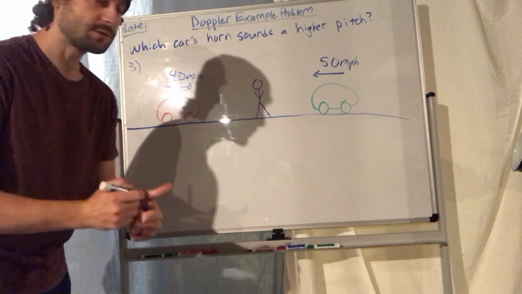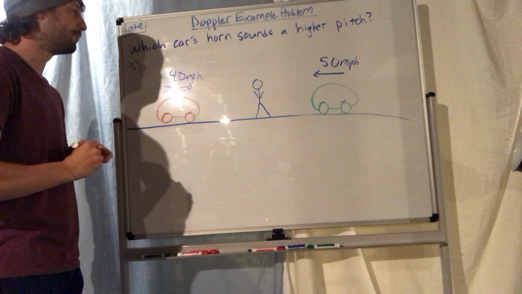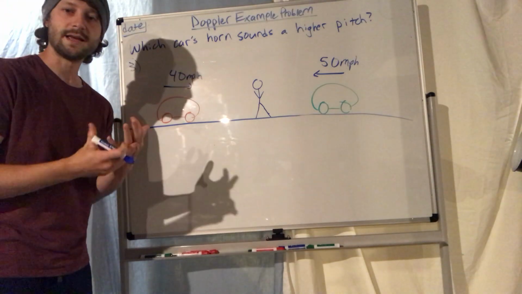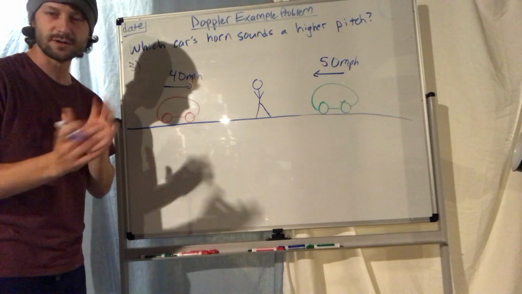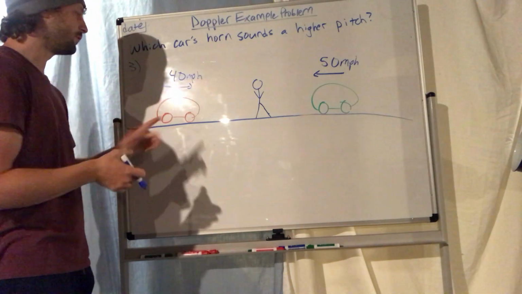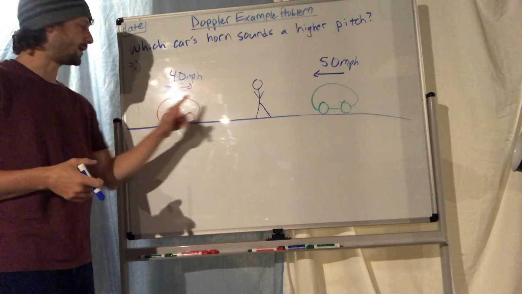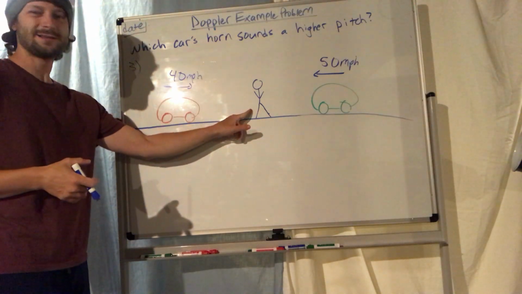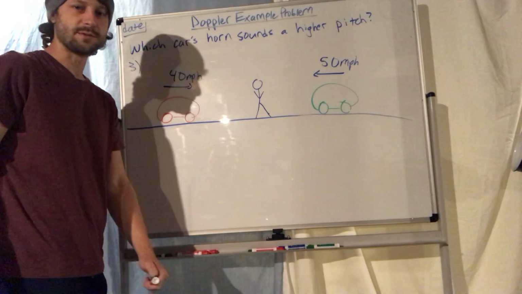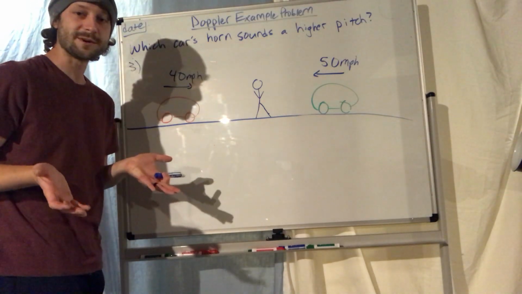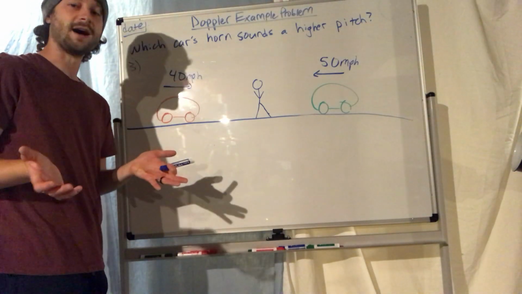Okay, we're back. So which one has the higher pitch? Well, remember, our rule is that heading towards the person causes a higher pitch to be heard. The red car, going 40 miles per hour, seems to be heading towards the person. And the green car, we can also see, is heading towards the person. So both are heading towards the person, and they both have a higher pitch.